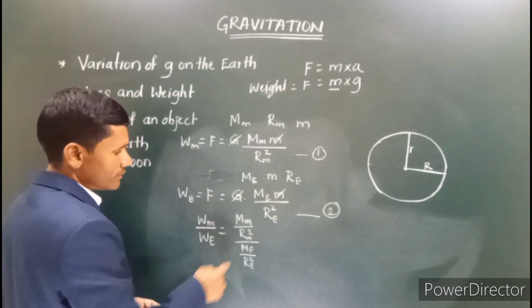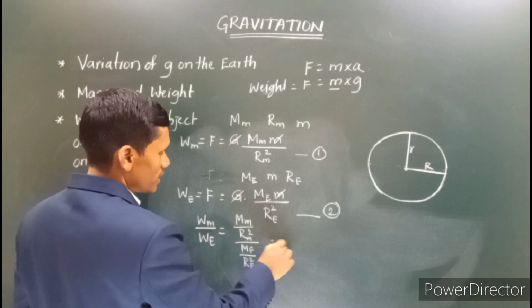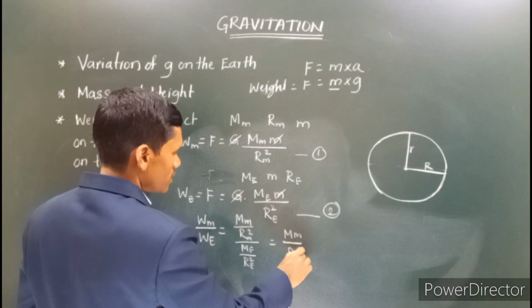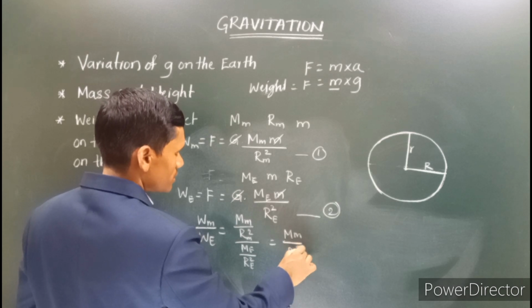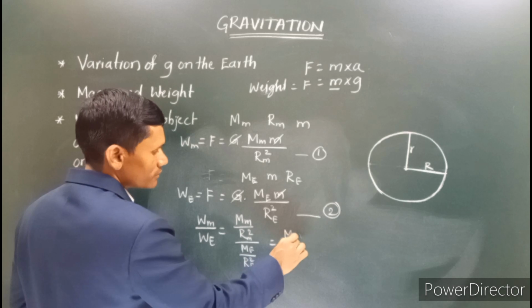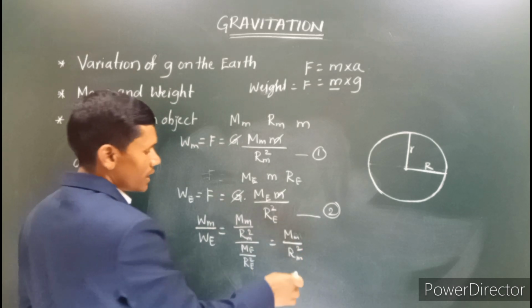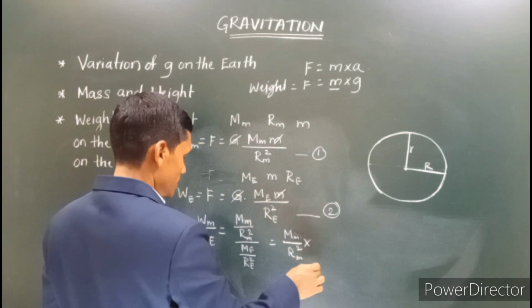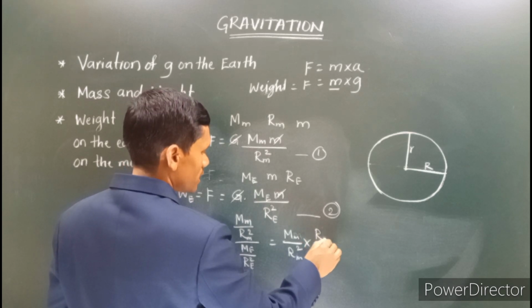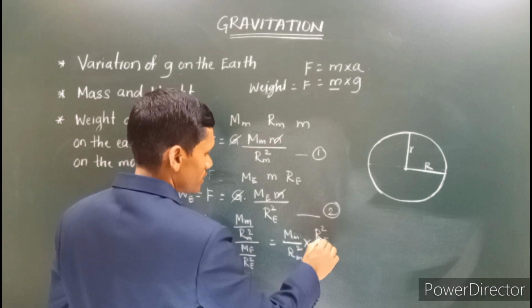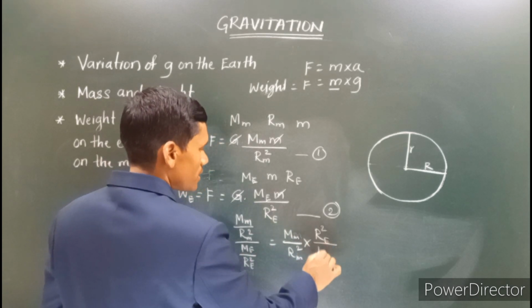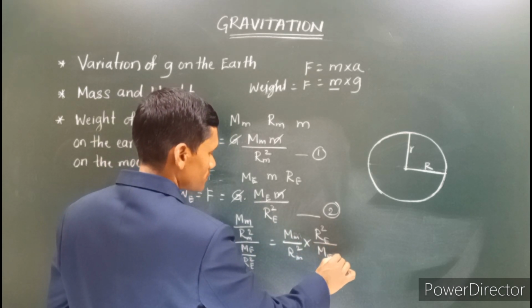If you simplify this further, we get the mass of the moon upon the mass of the earth, multiplied by the square of the radius of the earth divided by the square of the radius of the moon.